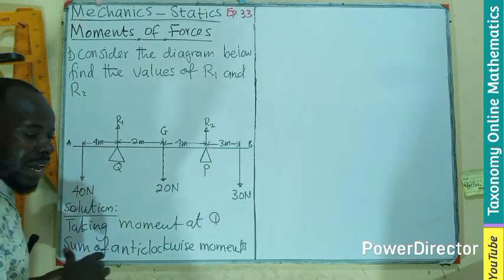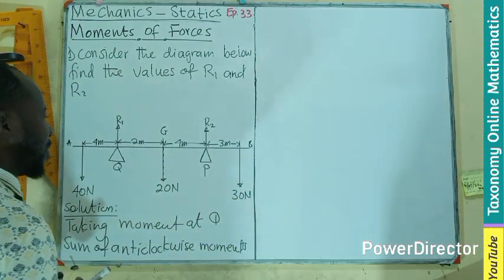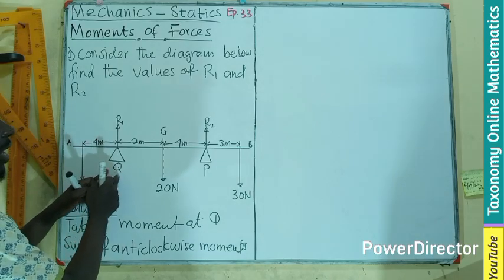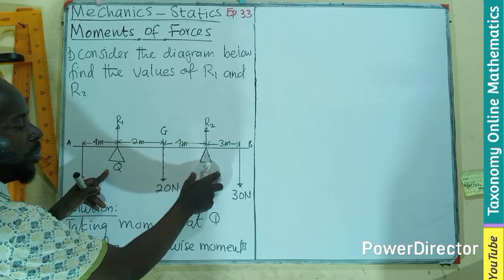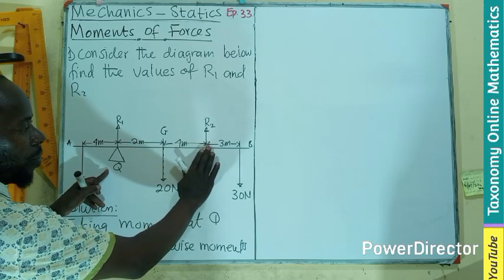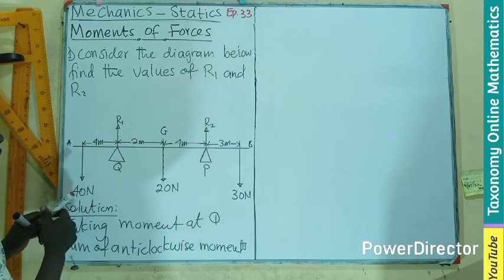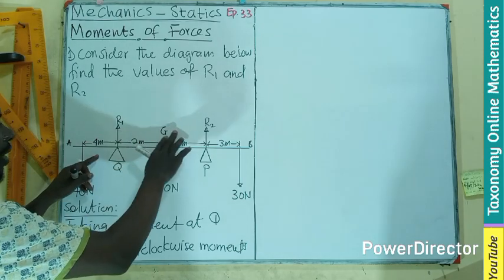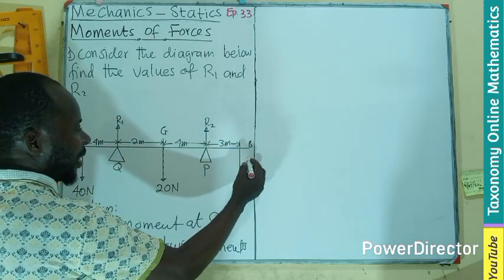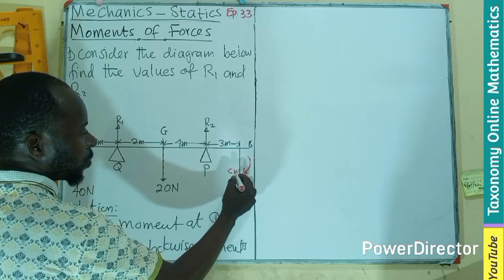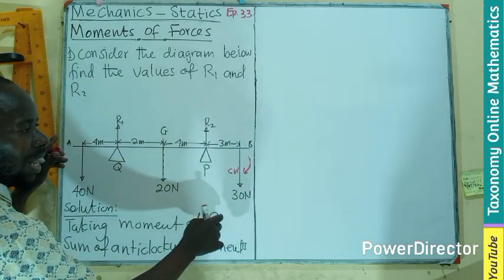So if I want to find the anti-clockwise movement, remember as the pivot is here, it means we are going to ignore the value here, the P. We are ignoring the P. So in your mind, there is no P here. So we are going to see that if the bar tilts down, it will be tilting in the clockwise direction.